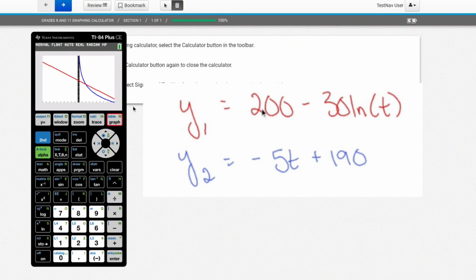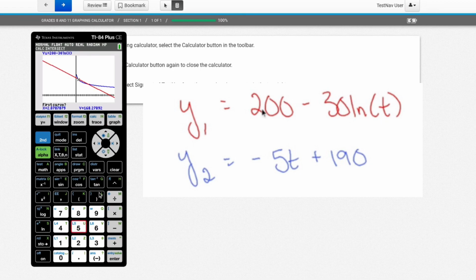And so these guys are going to intersect again off screen. So maybe I just need to zoom out a little bit and see if I get another intersection. Oh, look at that. Another intersection, just like I predicted. So this original one isn't going to do it. We have to hit intersect again.